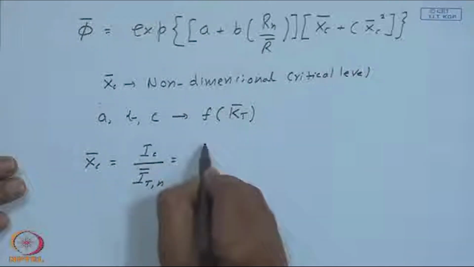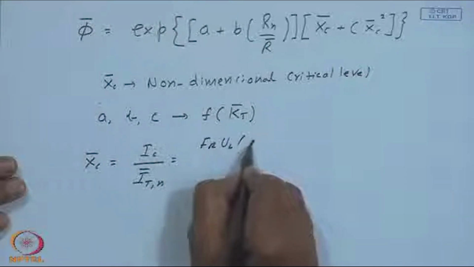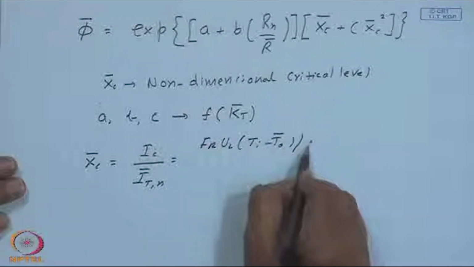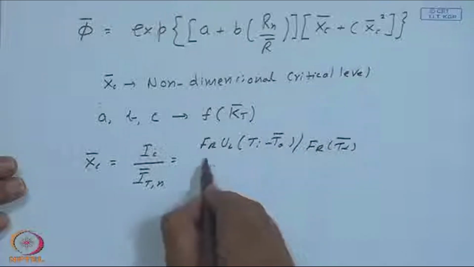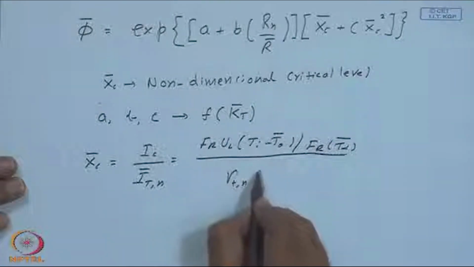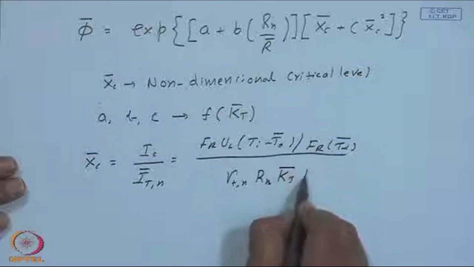which shall be equal to FR UL into TI minus TA bar by FR tau alpha bar by RTN RN KT bar H0 bar.